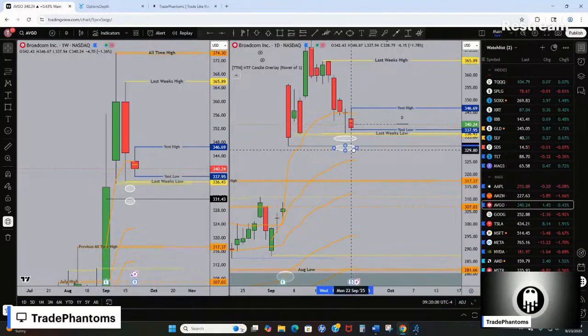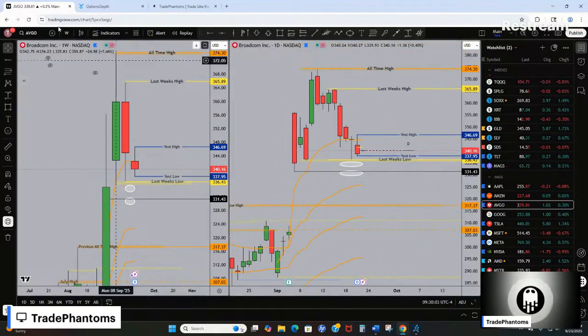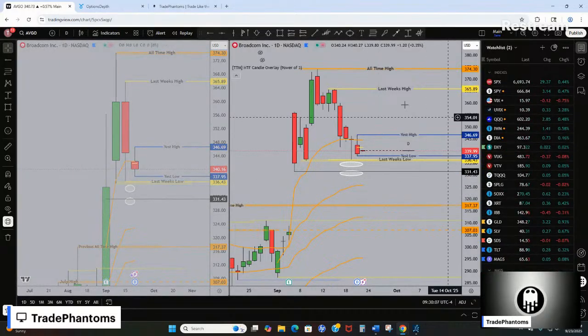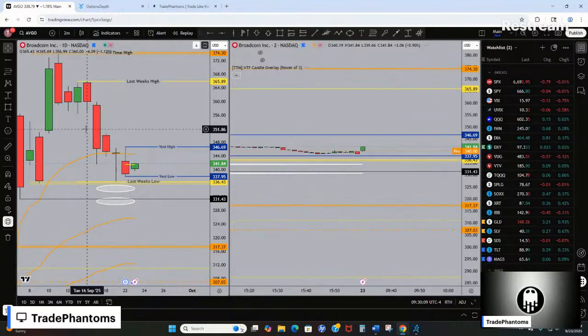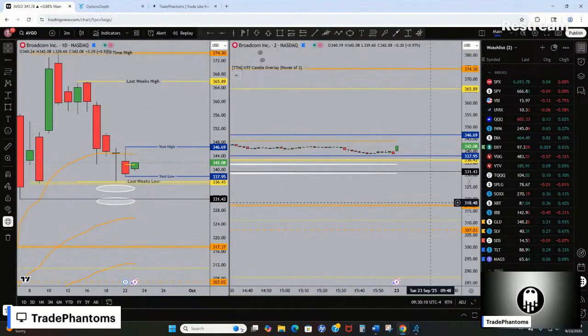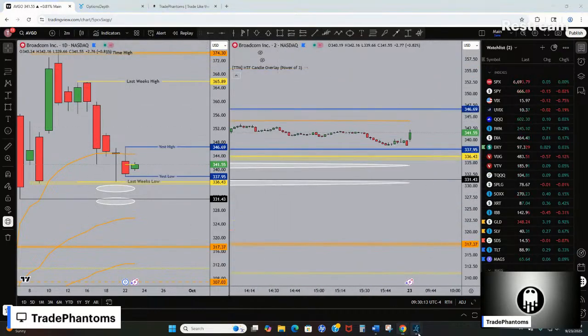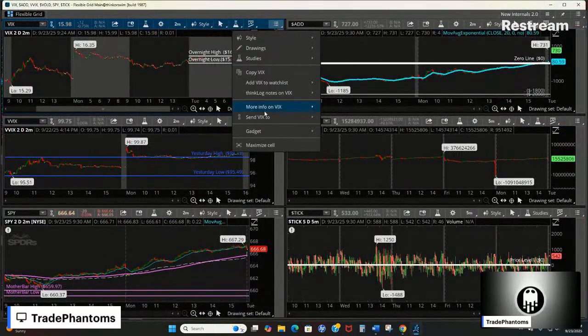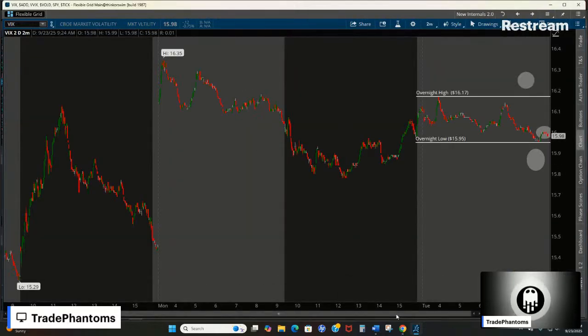Right below that level. No, I'm not ready yet. All right, let this load. Get a quick peek at internals. IBM, beautiful. Own that stock outright too.